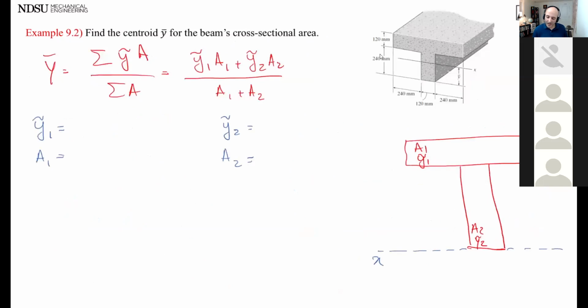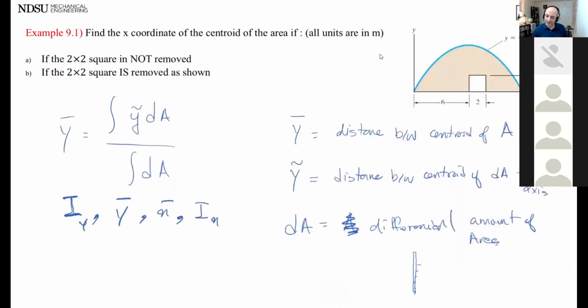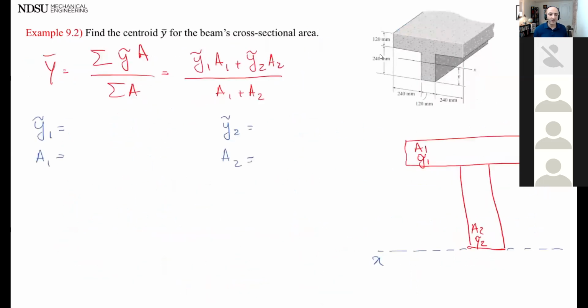Okay, so with knowing that, look here, Y tilde is the distance between the centroid of dA, because here I have dA, to the X axis. So what do you think Y tilde 1 is here? 240 millimeters. Yes, but I just need an explanation of what it means. What is it in general?